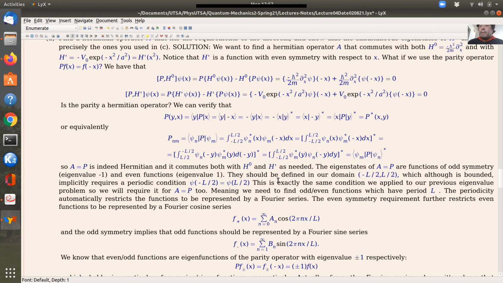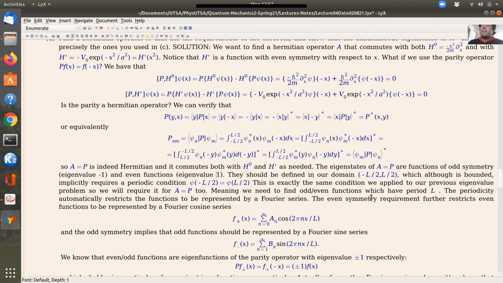Now, the important thing is that these functions of either odd or even symmetry should be defined in our domain, which goes from minus L over 2 to L over 2. It is bounded, but implicitly we require a periodic condition, psi of minus L over 2 equal to psi of L over 2. This is exactly the same condition that we applied in our previous subsection of the problem, so we're going to require it for the parity operator too.